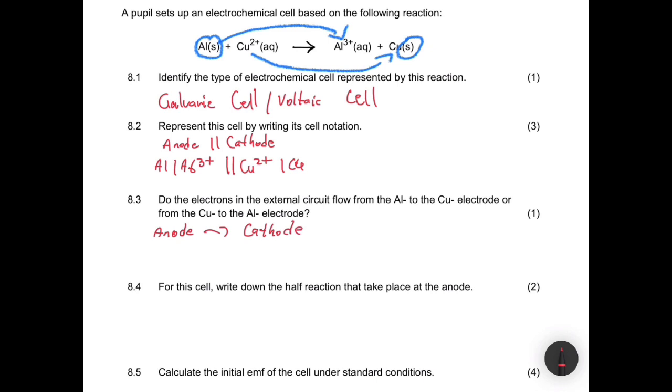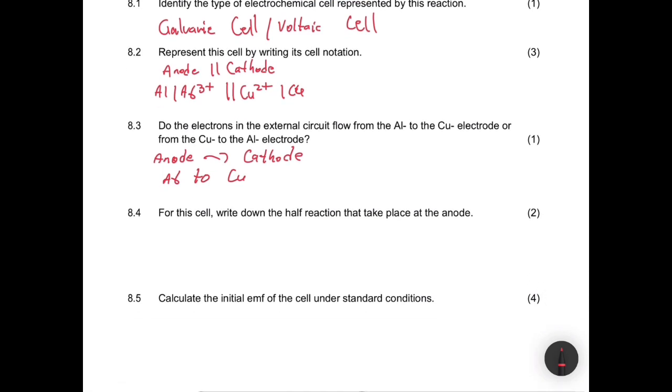We have already identified what the anode is and what the cathode is, right? So clearly they will be flowing from aluminium to copper, from the aluminium electrode to the copper cathode. Thank you. And then 8.4 says, for this cell, write down the half reaction that takes place at the anode.